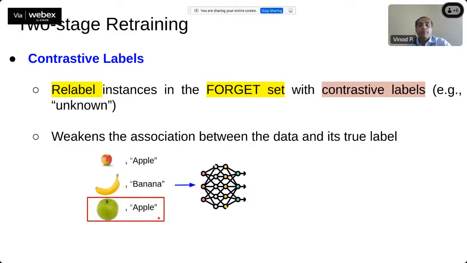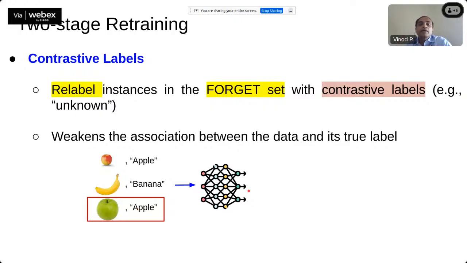In supervised learning, every data point is associated with a label, and we are teaching the model about this association. So during the training process, if we associate any data instance with a wrong label, we are trying to remove the association that the model has made.